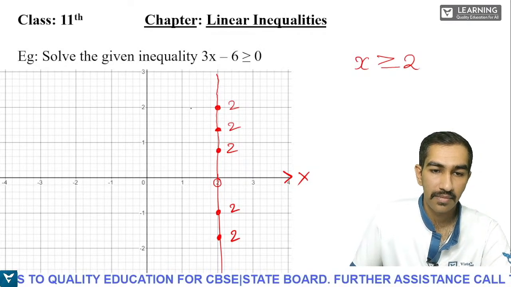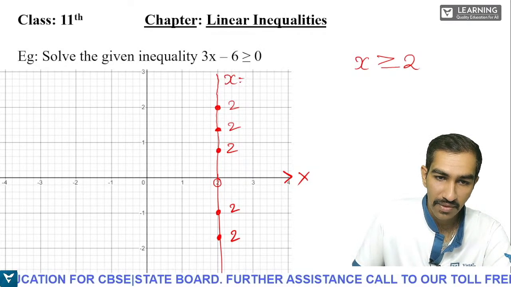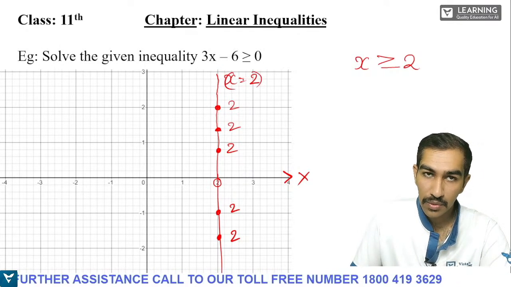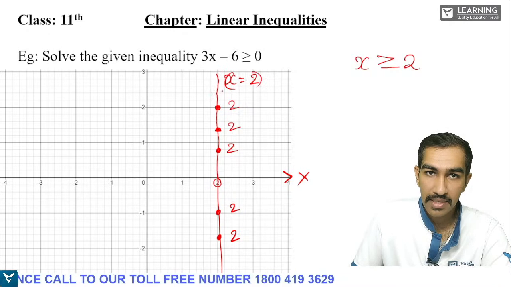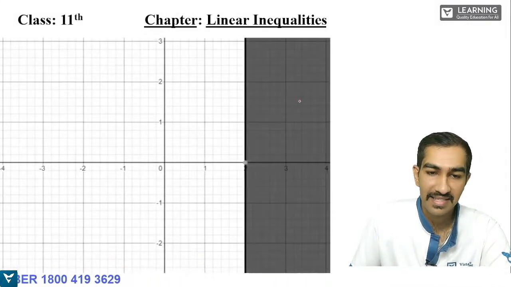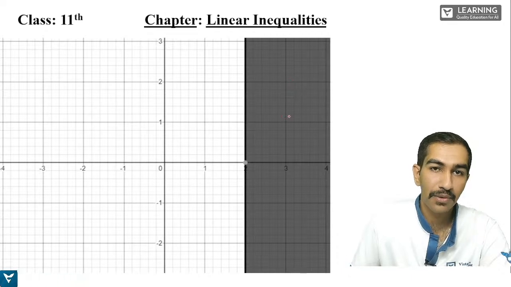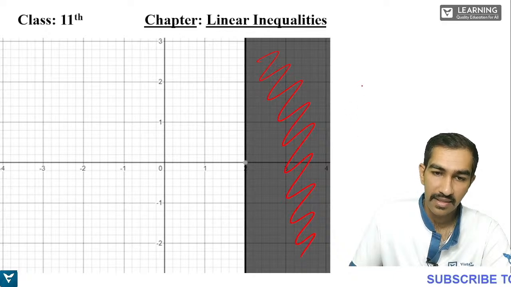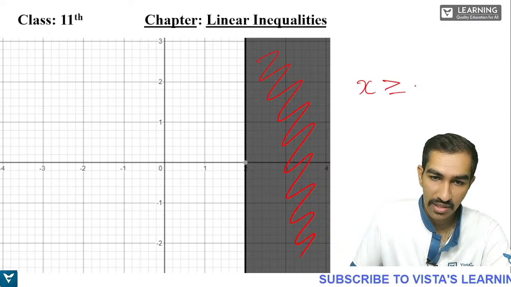So this is the line. What is the equation of this line? The equation of this line is x is equal to 2. What do we want? Greater than 2. Greater means you come to the right side. So finally the graph will be plotted like this. See this? The black shaded portion is representing x is greater than or equal to 2.